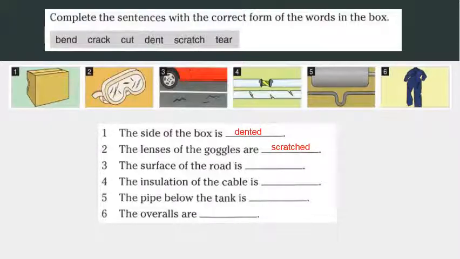Then the surface of the road is cracked. 4. The insulation of the cable is cut. The pipe below the tank is pinned. The overalls are torn.